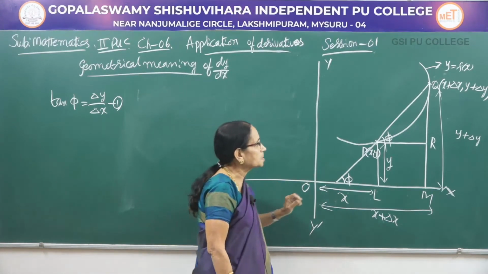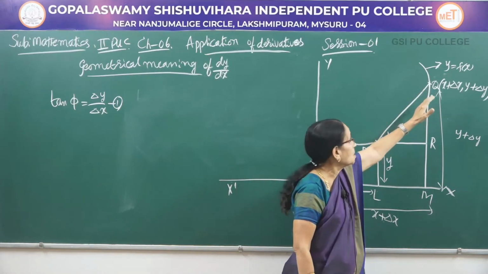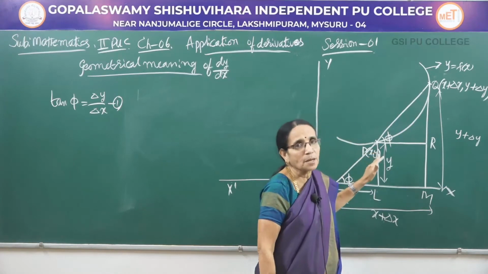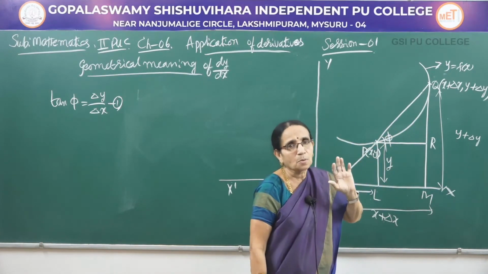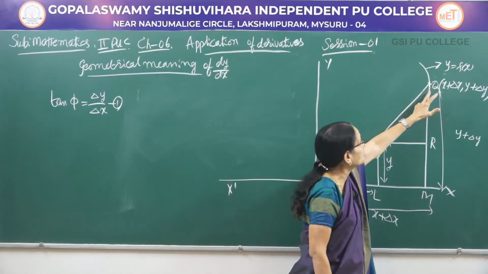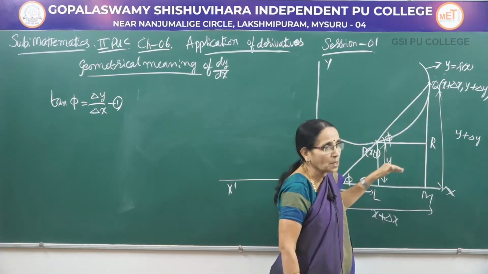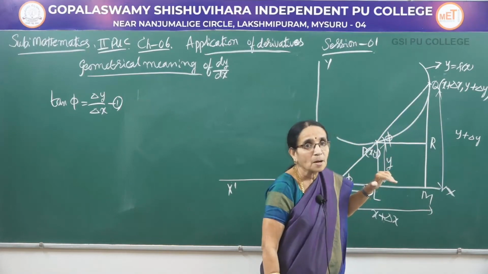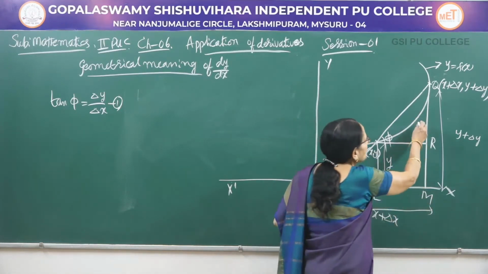Now, look here, suppose this point Q starts moving towards the point P along the curve, not along the chord here. That is, Q may come to this position, this position, this position, like that. It starts moving towards the point P along the curve.